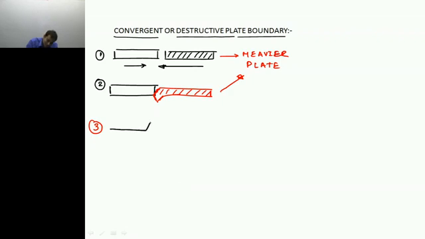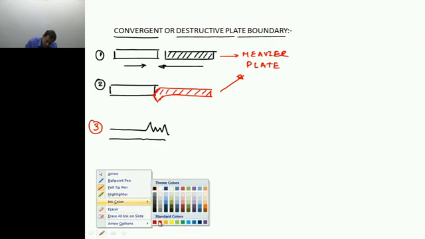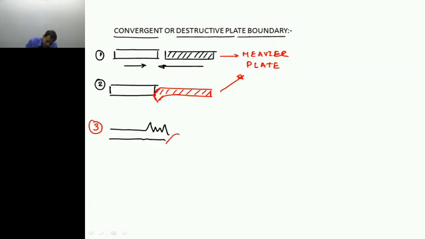The sediments of both the plates are folded or intensely compressed, while the lighter plate rides upwards and the heavier plate goes below. Its sediments are also folded while the heavier plate goes deep inside the mantle.